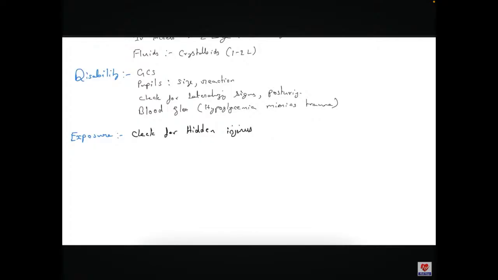Why do you have to check for hidden injuries? When I was in the accident emergency department, one patient came with a car accident. That patient was lying on the bed, and we told him not to move, but he would not listen because he had already drunk a little. Then we had to do a CT scan, but the CT scan was already filled with appointments, so we told him to just wait here.